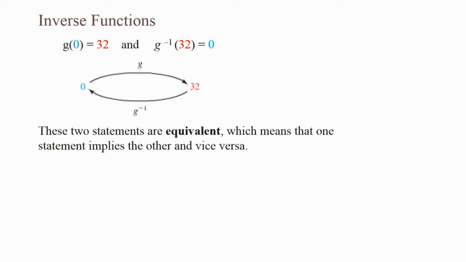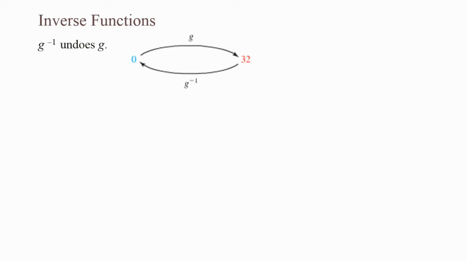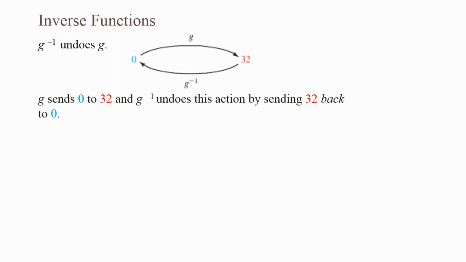These two statements are equivalent, which means that one statement implies the other and vice versa. G inverse undoes g. G sends 0 to 32, and g inverse undoes this action by sending 32 back to 0.